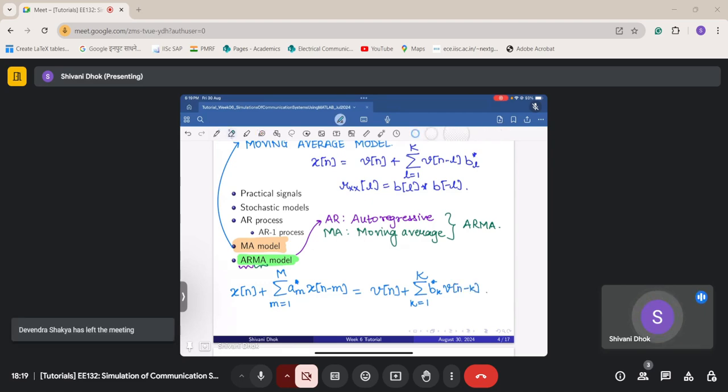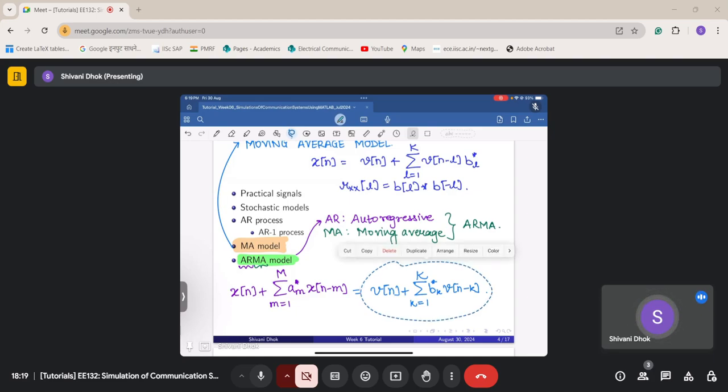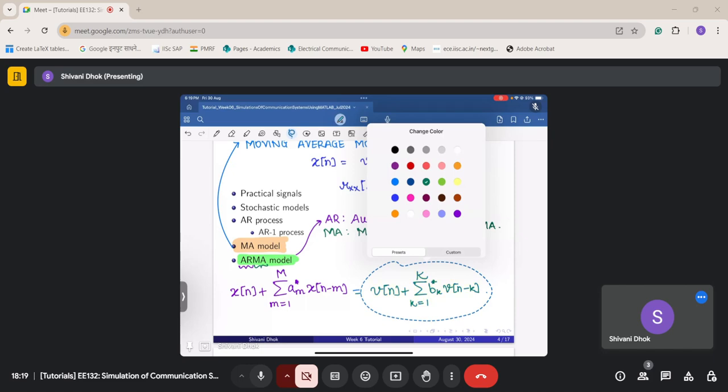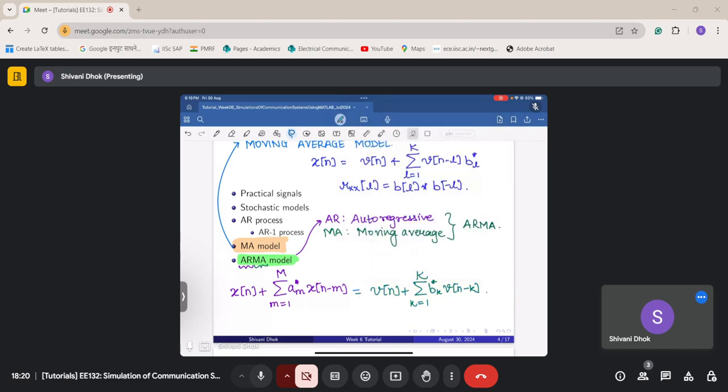So this part here, let's color code this, is basically your autoregressive model, and this part here is basically your moving average. So this is your ARMA model.